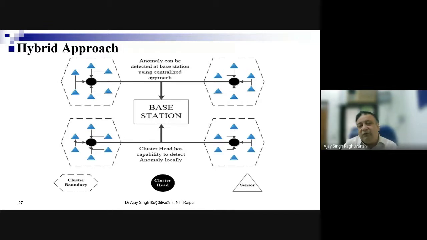So here we give the cluster heads the capability to detect anomalous data and avoid sending it to the base station. But we also give the base station the power to find out from the collected data if some anomalous data still exists. This is the hybrid approach, where both the cluster head as well as the base station are given the power to determine the anomalous data from the data that they get.